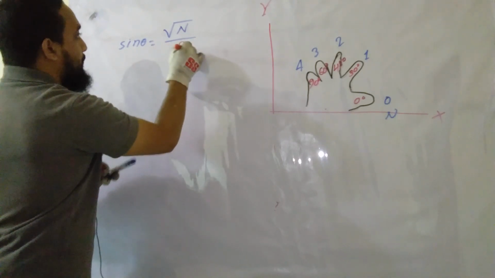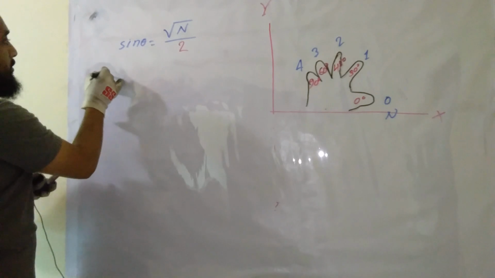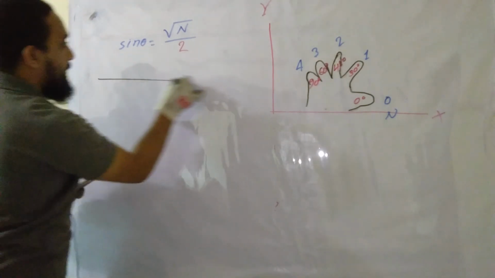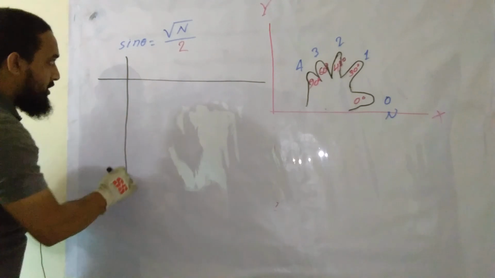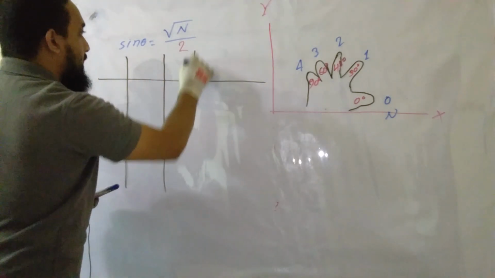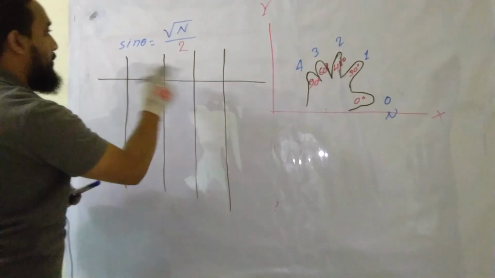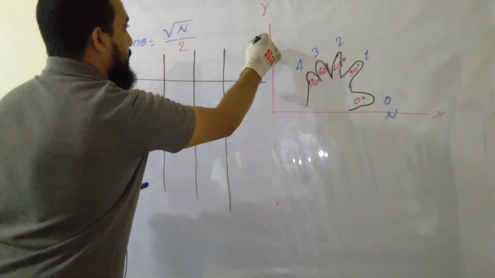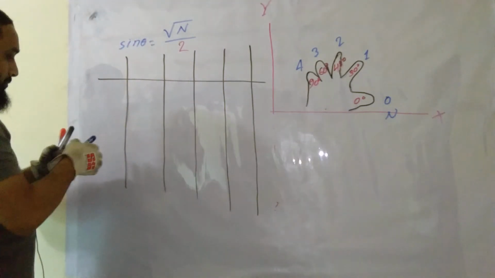divided by 2. Now look here, I'm going to draw a chart where there will be the trigonometric ratios and the corresponding angles. Suppose this is going to be our angle, 2, 3, 4. Okay, like this.